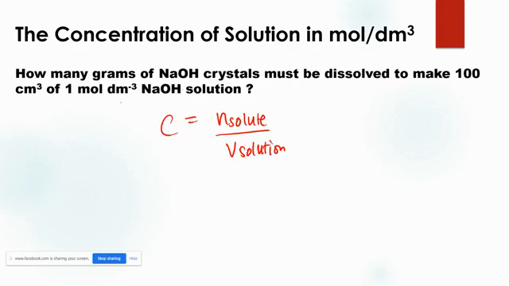The concentration is 1. We want to produce 1 mole per cubic decimeter of sodium hydroxide solution. This is the concentration of the solution. And we need to find the number of moles of solute first. And the volume of solution is 100 cubic centimeter.